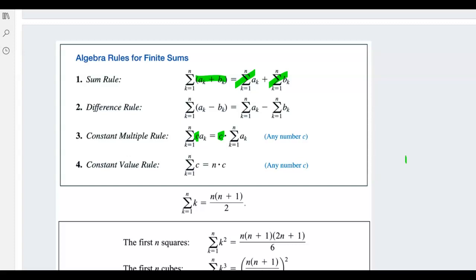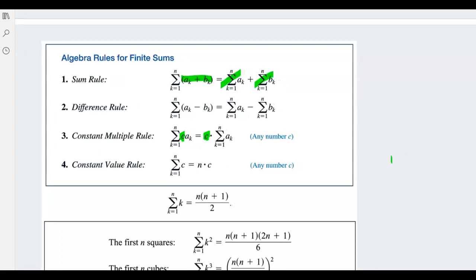And then number 4 is saying if I have a function that is a constant, like if I had, let's say, the summation as k equals 1 up to 3 of the function 5, it's asking me to have 3 iterations of the number 5. So what I would have is n, which is 3, multiplied by 5 to give me 15.